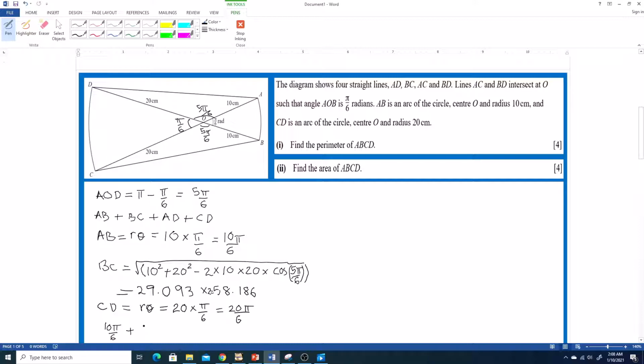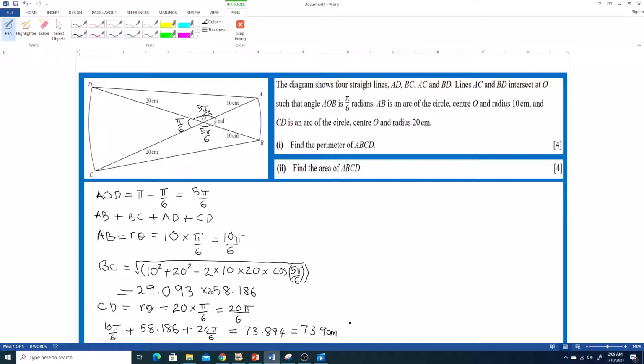BC and AD are equal, and they gave me 58.186 when I multiply them by 2, and then I'm going to add the 20 pi over 6, and all that, when I punch it out in my calculator, gives me 73.894, which my final answer I'll give as 73.9 centimeters.